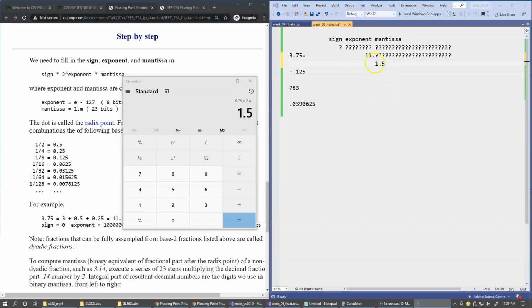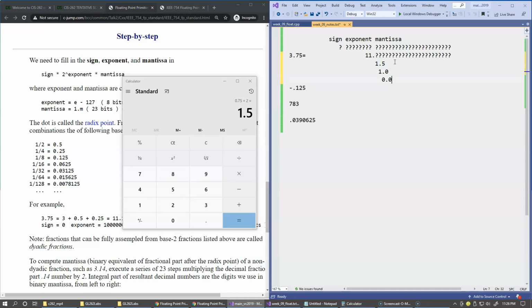Next step, you ignore the whole part and you take the fractional part again and again multiply it by 2. So this will be 1.0. I don't need the calculator for this one. And I write it down like this, 1.0, basically shifting each position to the next bit. And then again we will take the fractional part, 0.0, and multiply it by 2. Of course it becomes 0.0.